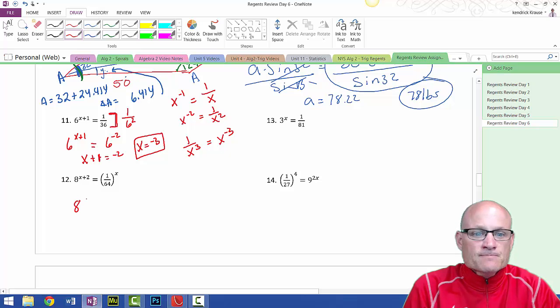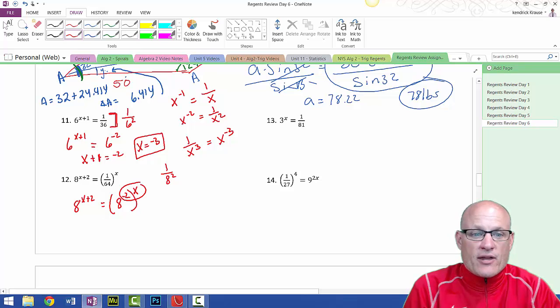So over here, I've got 8 to the x plus 2 is equal to, now this thing in here is really 8 to the negative 2, because this is really 1 over 8 squared, all raised to the x power. If you remember correctly, when we have exponents raised to exponents, we multiply those exponents.